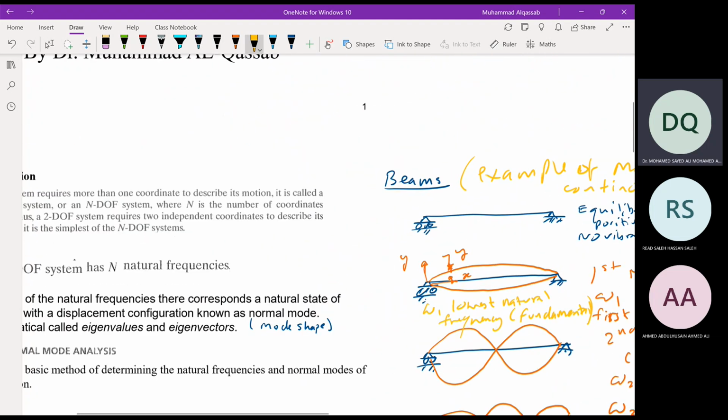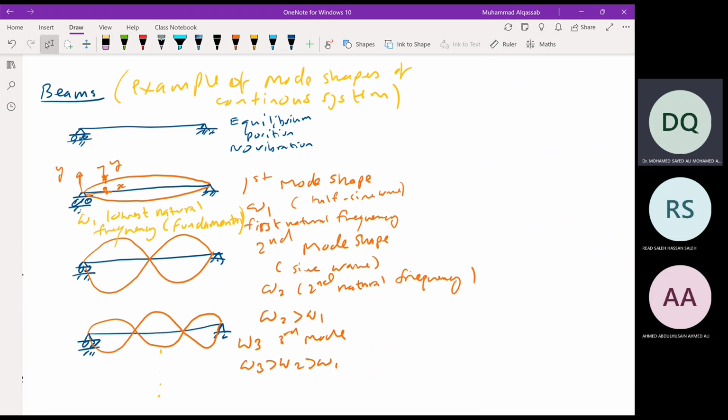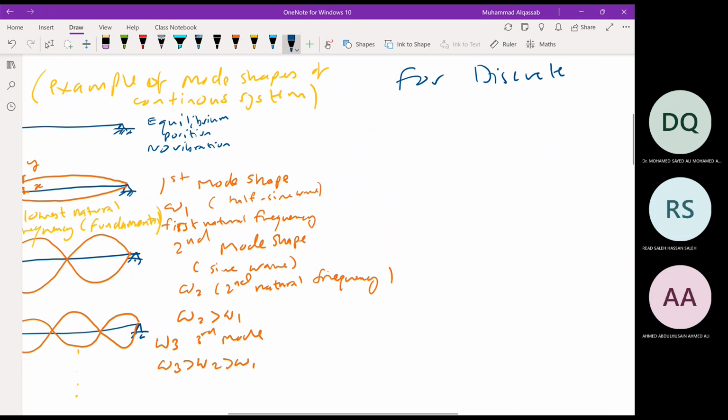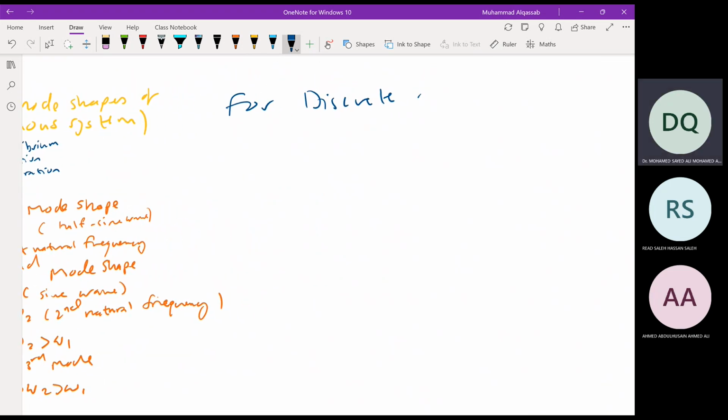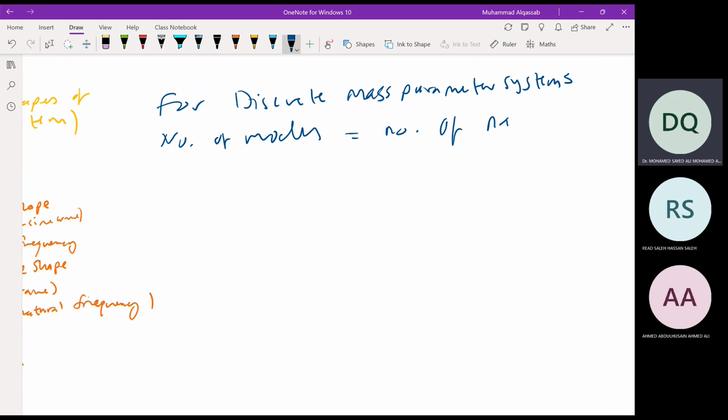Now, if you have a discrete mass system, then the mode shapes and natural frequencies will be equal to the number of degrees of freedom. So for a discrete mass parameter system, the number of modes will be limited, of course, equal to the number of natural frequencies.